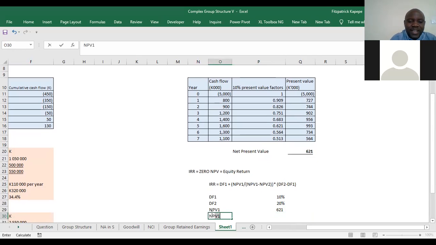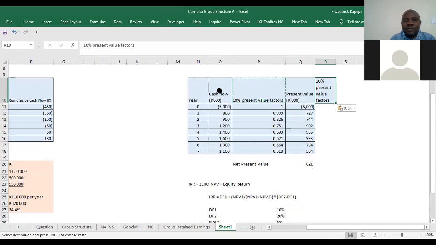So we need to find NPV 2. So here we'll do like this and plug it in there and change to 20%. So have 1 there.